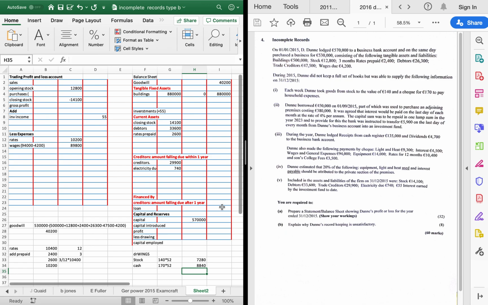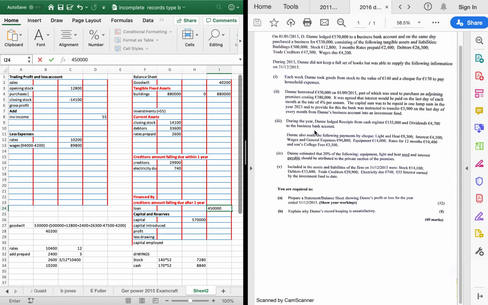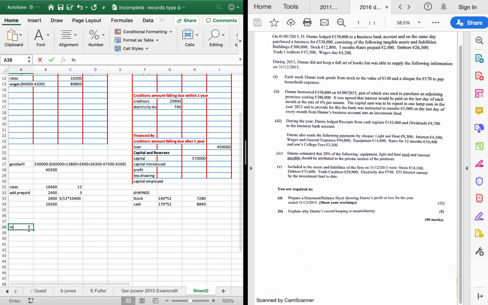Okay. He borrowed 450. Let's stick that in there originally, then see how he's repaying it. He's repaying it by investment, so it'll stay as 450. He borrowed 380 to buy premises. We've dealt with that. It was agreed that interest will be paid the last day of each month at 4% per annum. So we'll do our interest working. So it's 4% of 450, and he's borrowed that from the 1st of the 9th, so 9, 10, 11, 12, so by 4/12, which is 6,000.